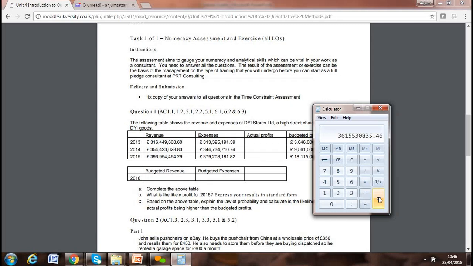So that's the difference. Divide on the base. My base was 2014.